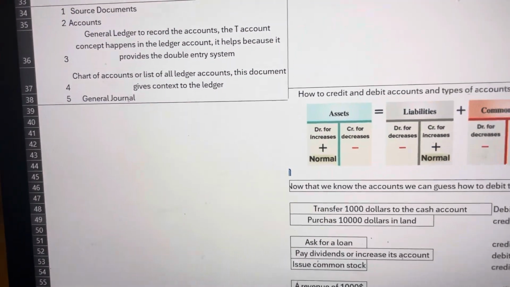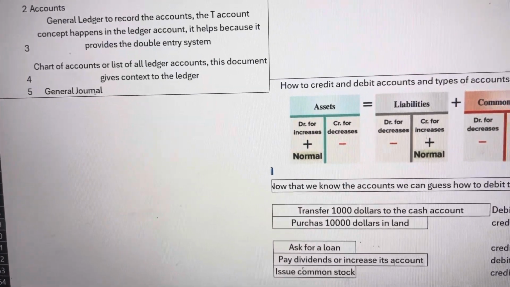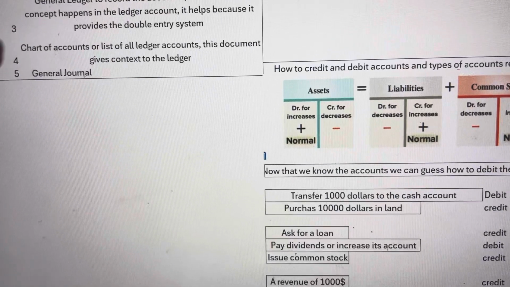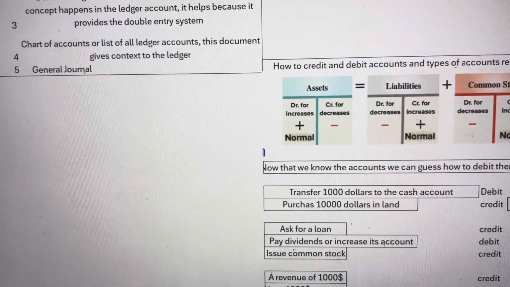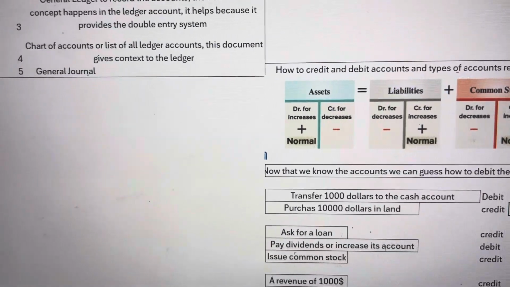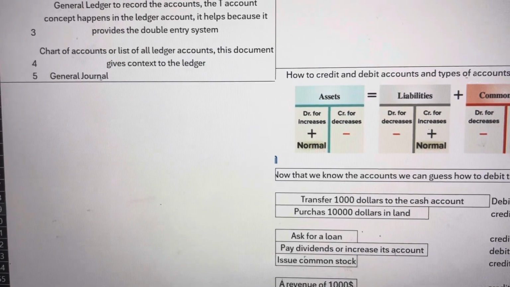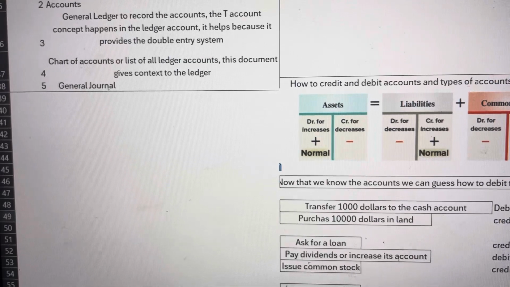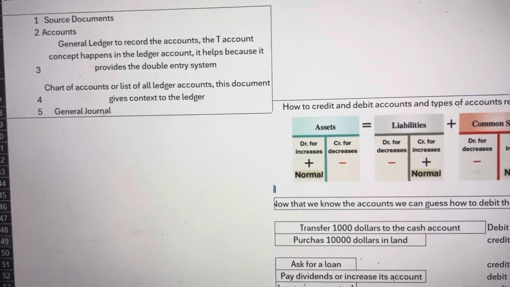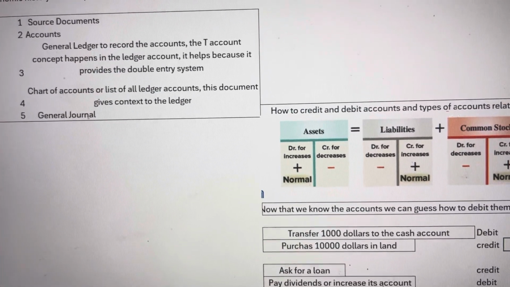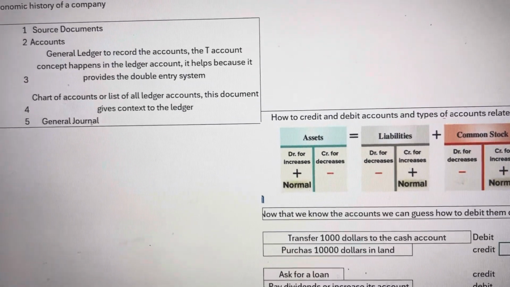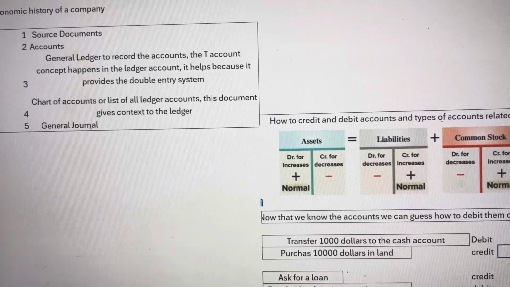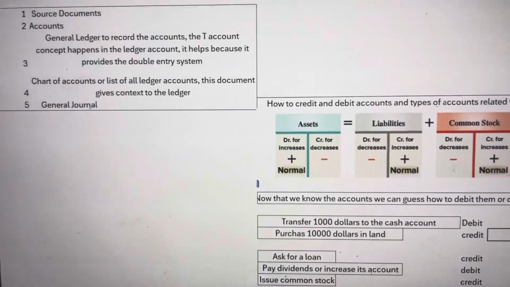And then we have the chart of accounts, which is a list of all ledger accounts. So from what I've been able to understand, the accounts go to the general ledger, and then there's a list of these accounts in the ledger called the chart of accounts, and all of these accounts go to the general journal.